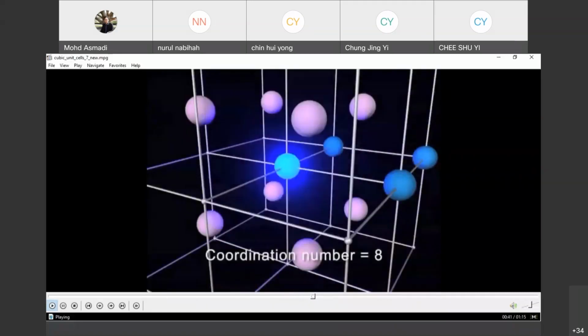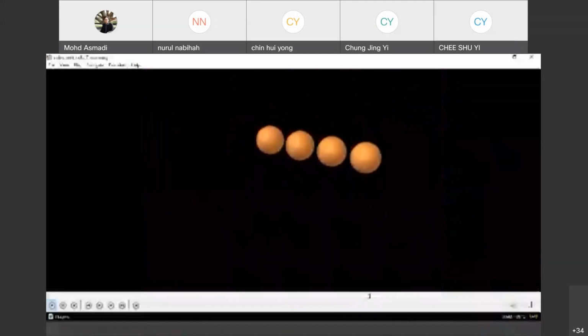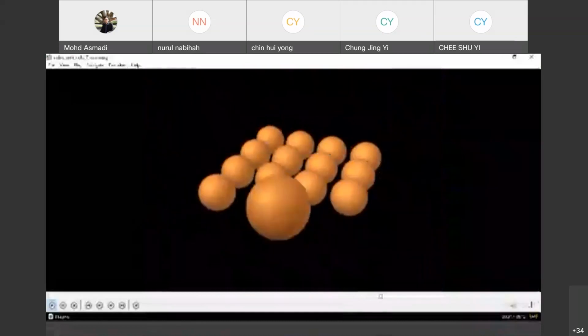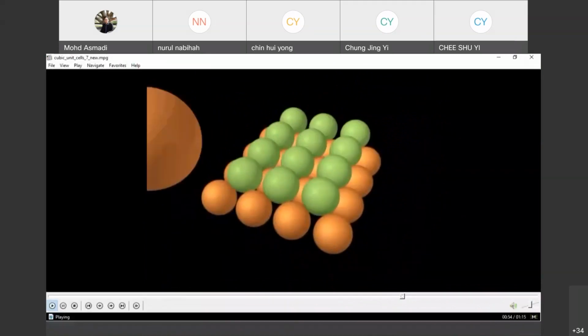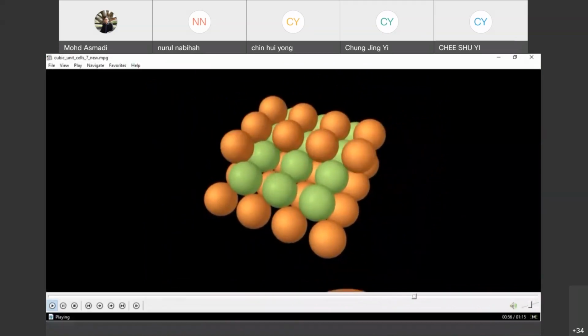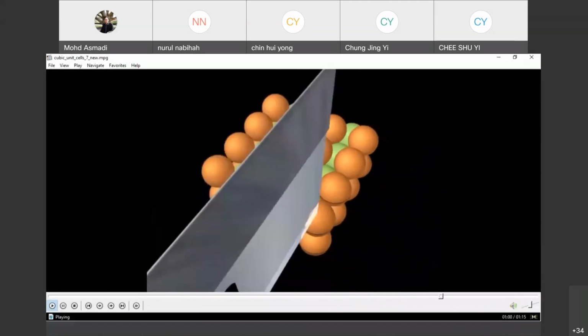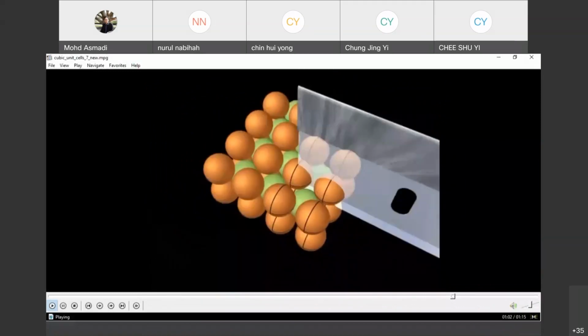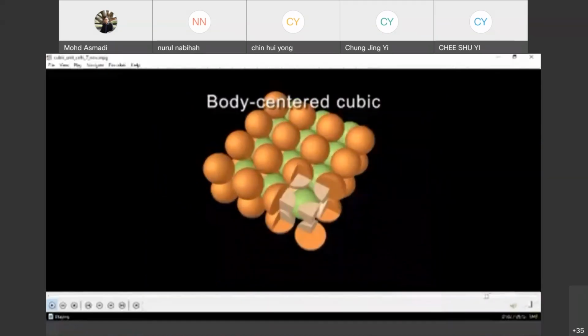Coordination number is 8. See, there's a center here. 2 equals 2.